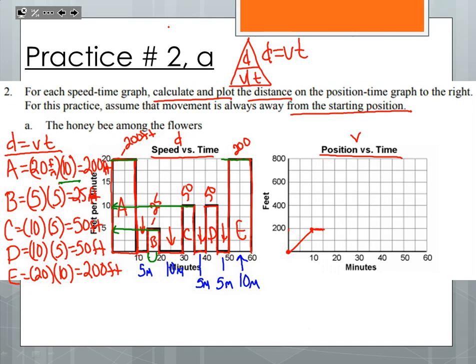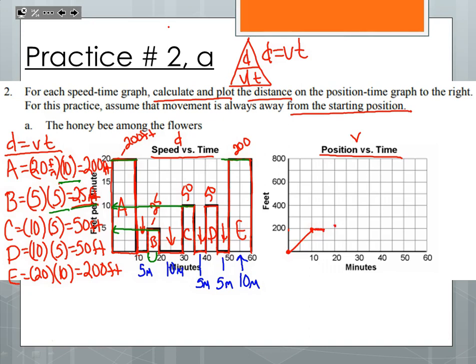He stayed there for 5 minutes. So he didn't change. And then we look at the next one, which is our B, and it says that B increased 25 feet, that's a different color, 25 feet for 5 minutes. So now we're going to increase 25 feet at 5 minutes.